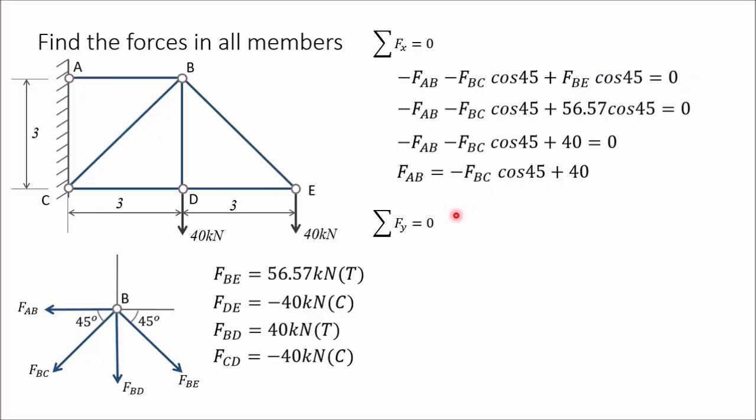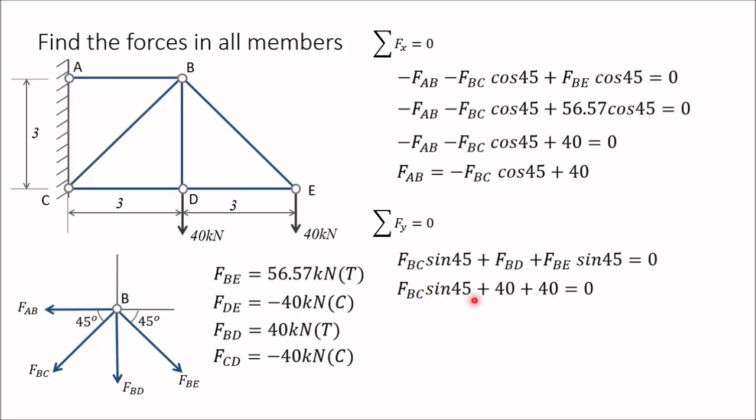So what we will do, we will take sigma Fy equal to 0. When you apply sigma Fy equal to 0, then FBC sine 45, FBE sine 45 and FBD, these three forces will appear. Now here FBD is known, 40 kilonewton, FBE is 56.57 kilonewton and FBC can be determined.